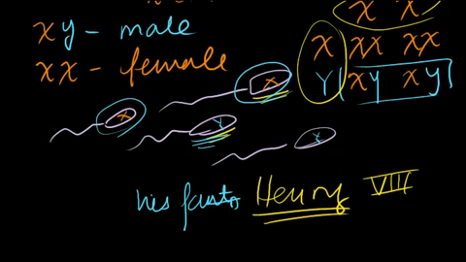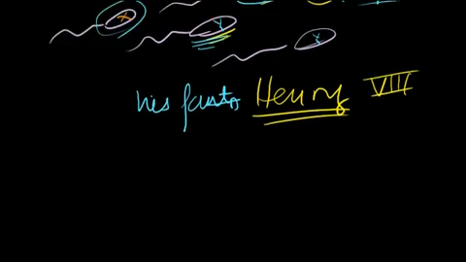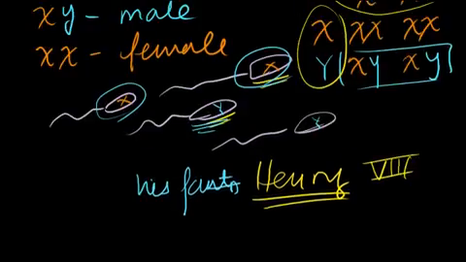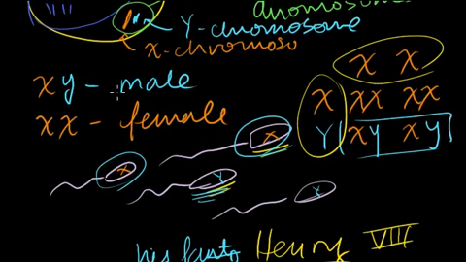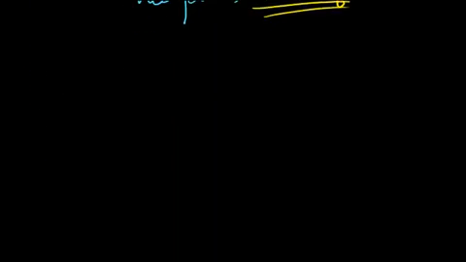Now, one question that might immediately pop up in your head is, Sal, is everything on these chromosomes related to just sex determining traits, or is there other stuff on them? So let me draw some chromosomes. Let's say that's an X chromosome, and this is a Y chromosome. Now the X chromosome does code for a lot more things, although it is kind of famously gene poor.